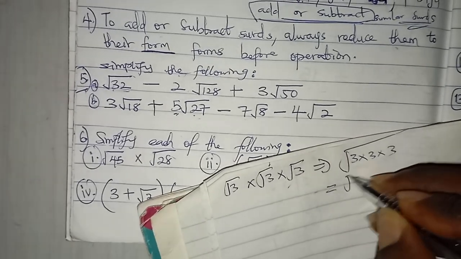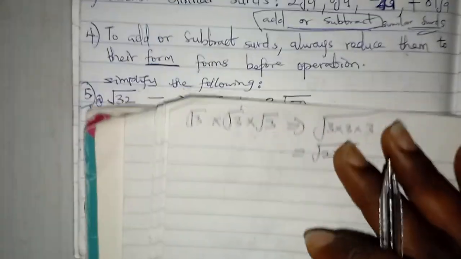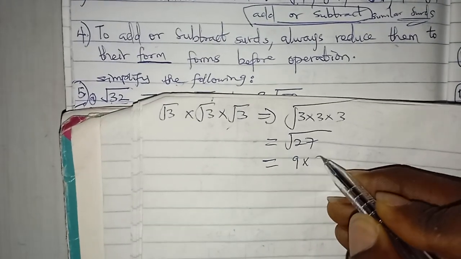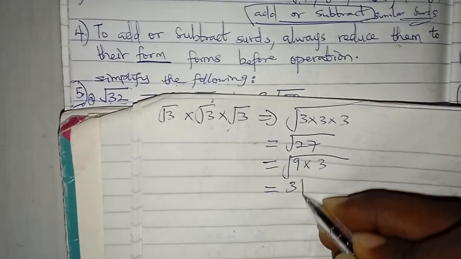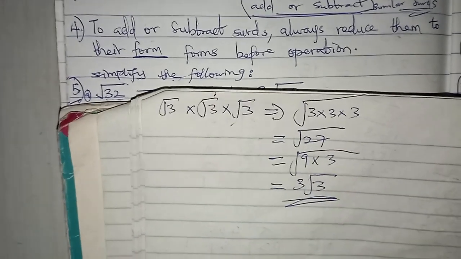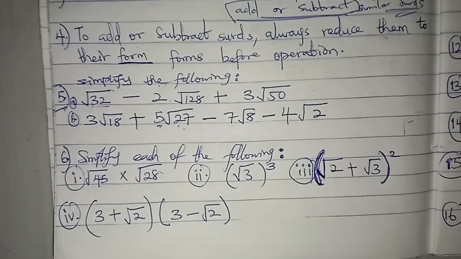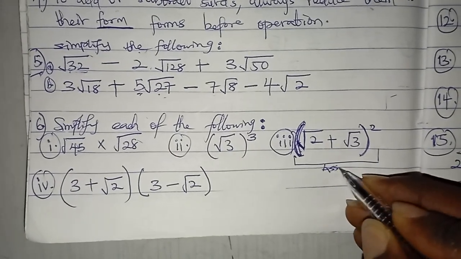This is saying root 27. And you know that inside this we have 9 times 3. So this is 3 root 3. Okay, let's move to this one. Do this one for me as your assignment.